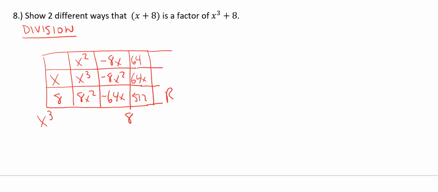So when I combine 512 to 8, I should get 8. So what I would do is, my remainder is going to be negative 504.